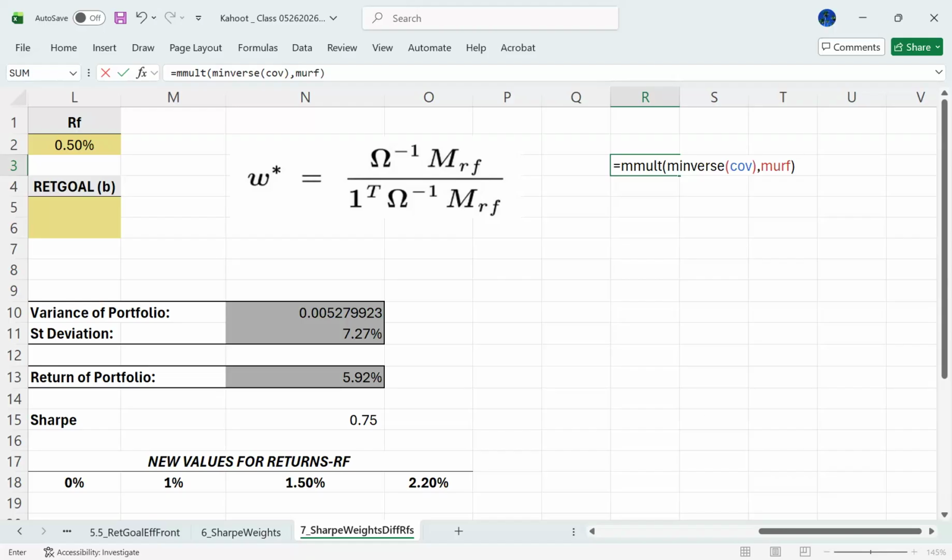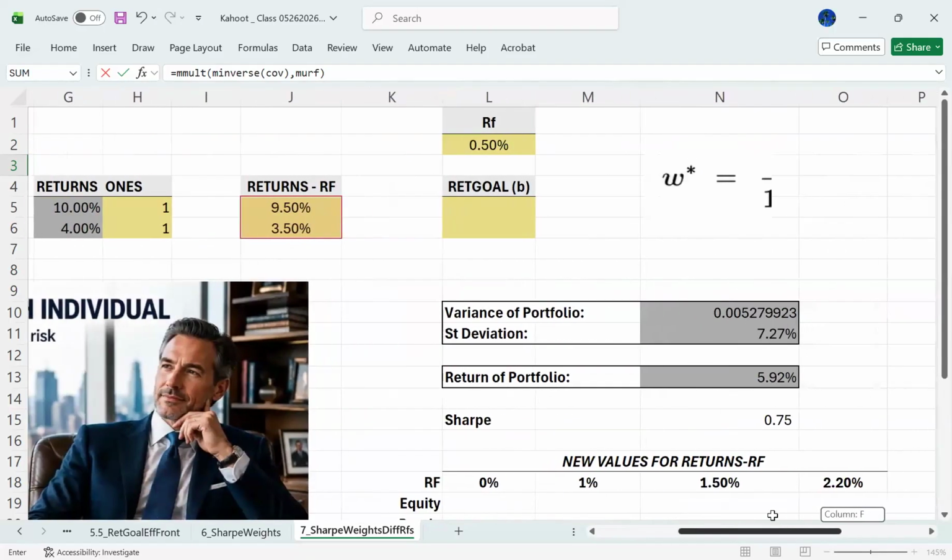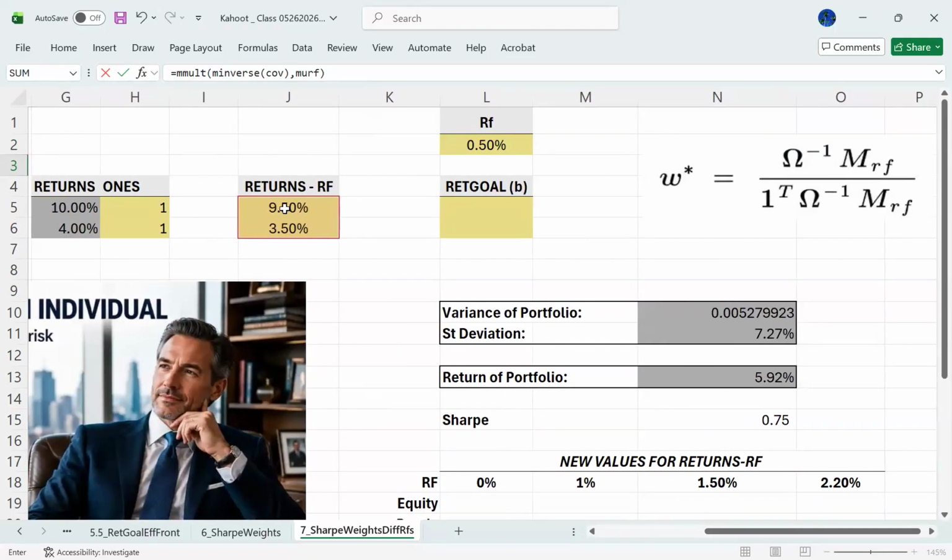And what is mu RF? Mu RF is this matrix where I have the same values I'm listing here in the returns matrix, but from each one of the expected returns of each one of the asset classes, I am subtracting the most recent risk-free rate. In other words, equity is giving me 10%.